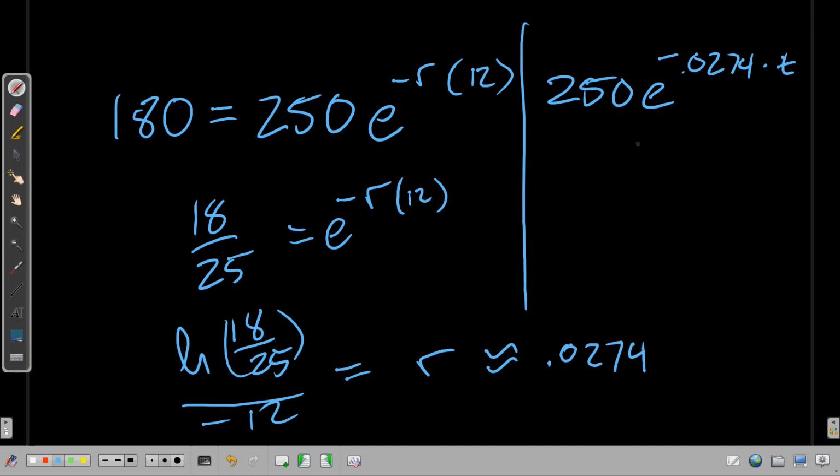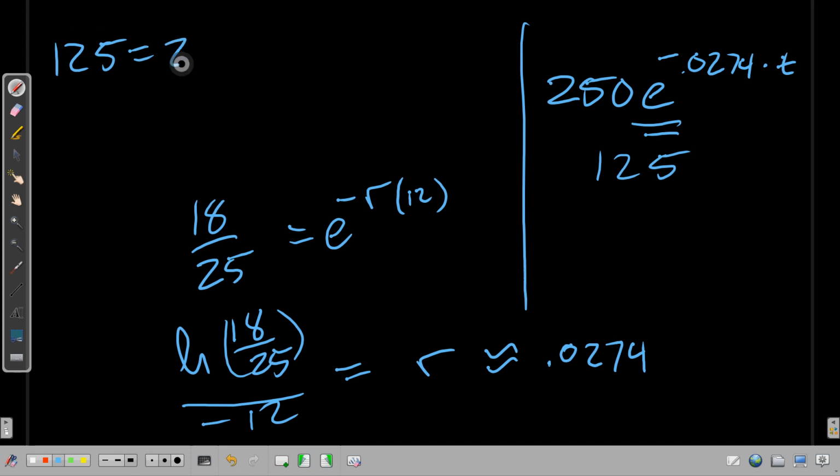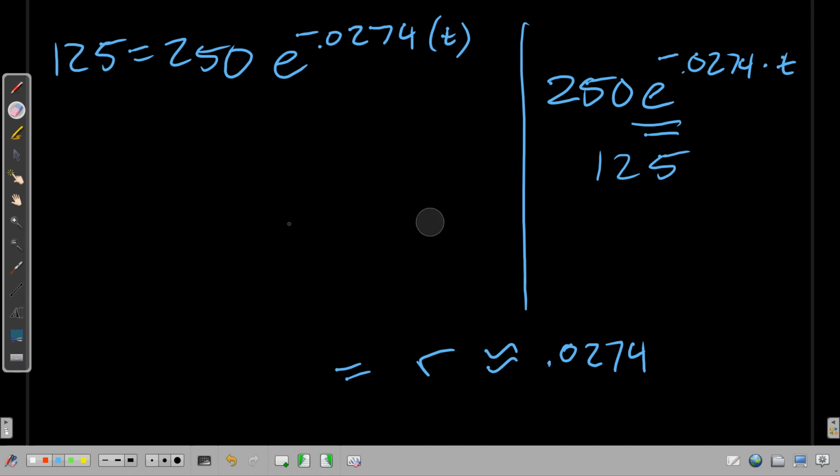So we are curious then, where does this thing equal 125? Because if I am studying the equation, 125 equals 250 e to the minus 0.0274 times t, then the number on the left is half of what I started with.